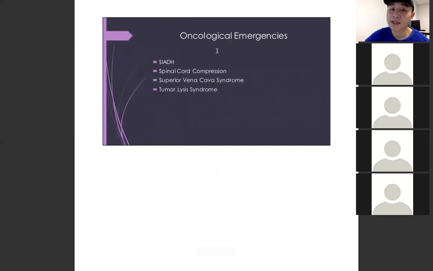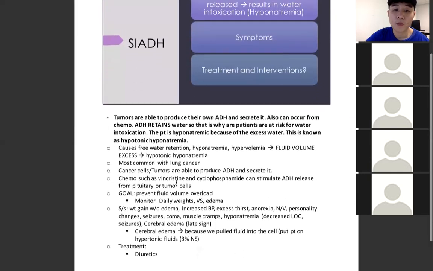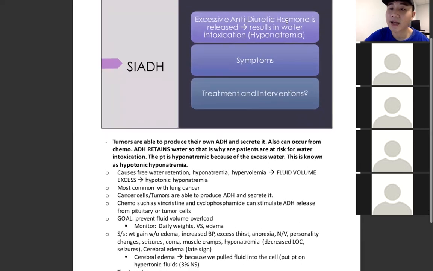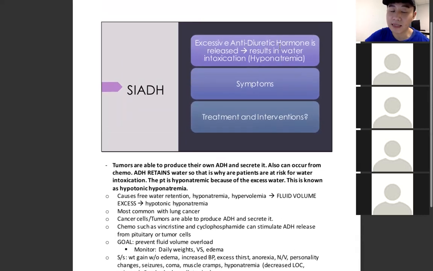So what are the different oncological emergencies? These include SIADH, spinal cord compression, superior vena cava syndrome, and tumor lysis syndrome. So what is SIADH? This is when excessive antidiuretic hormone is released.